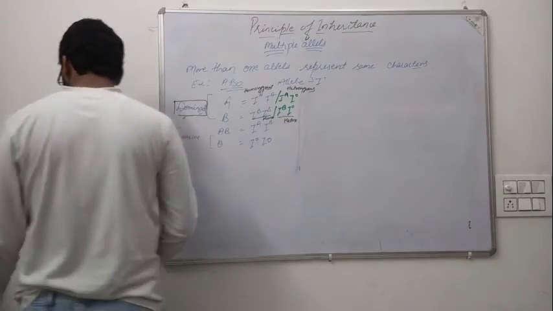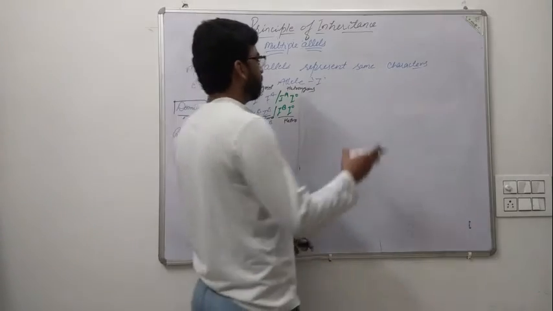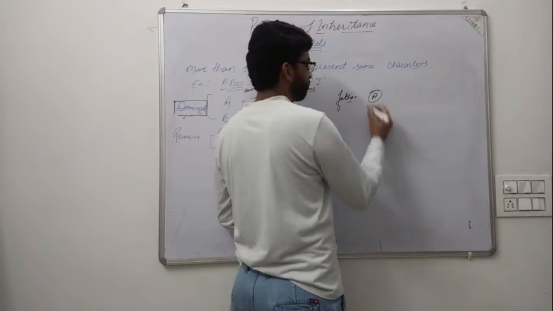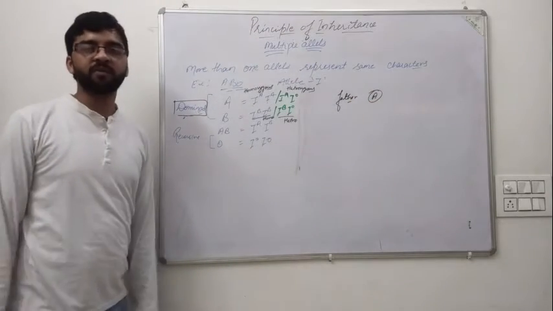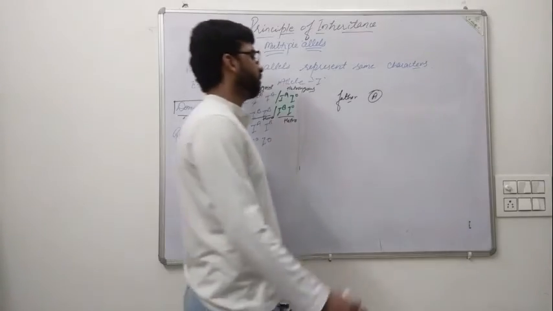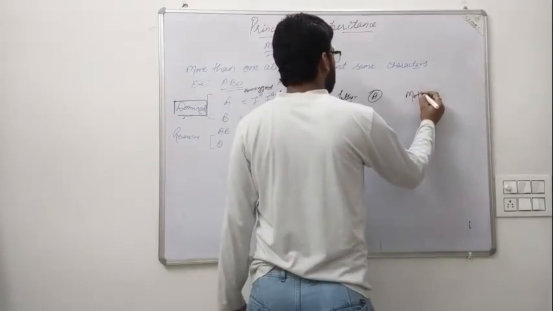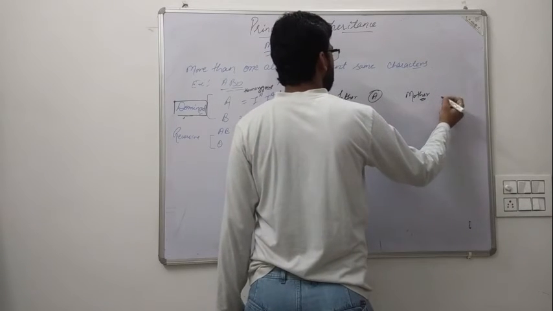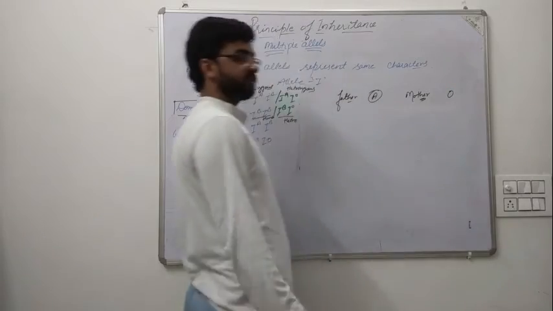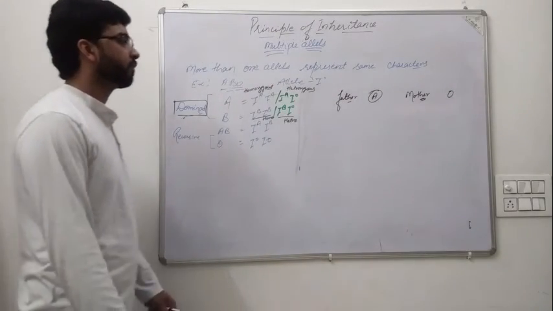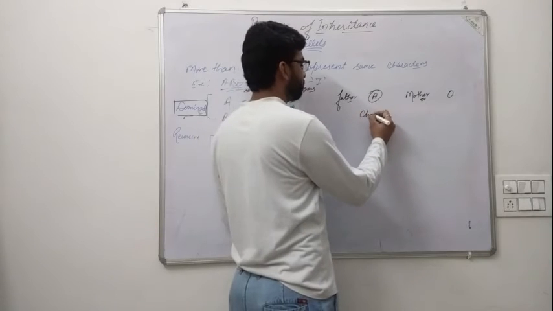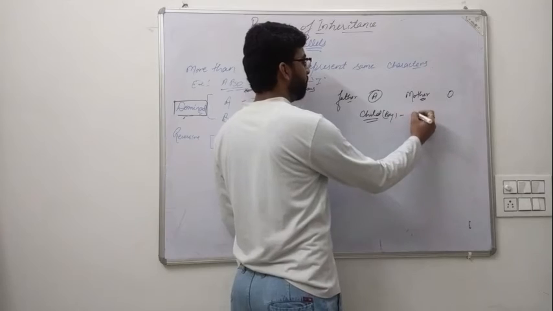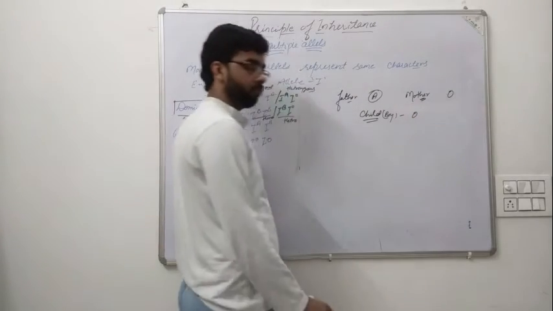We just twist this question. Now, father having blood group A, just remember, we don't know about the genotype here. Mother having blood group O, we just realized, and a child, a boy, having blood group O again.